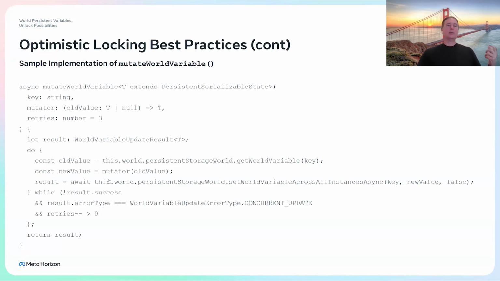And we apply our mutator again, try to call the set again, check the result, and just keep going around this loop until either it succeeds, we get some other kind of error which is not a concurrent update error, or we run out of retries. And then at the end, we're just going to return to the caller whatever the result of the last set world variable across all instances async was.